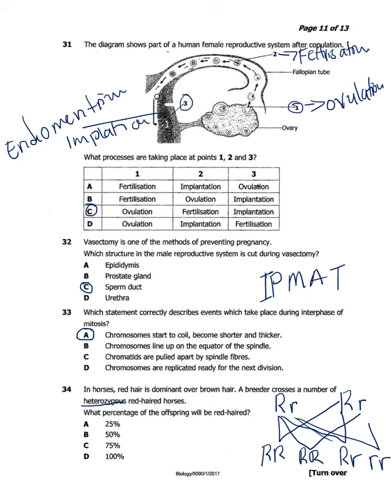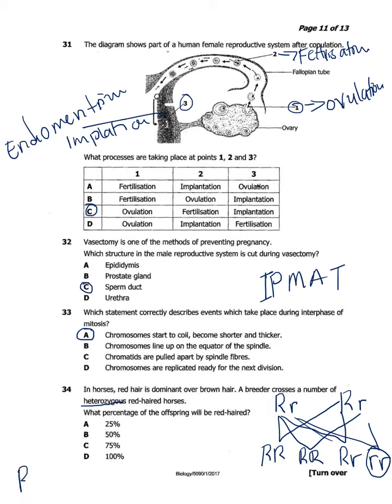What percentage of the offspring will be red hair? So, for us to have red hair, we are interested in this where we have the small letters. Why? The recessive can only express itself when it is in a homozygous situation.